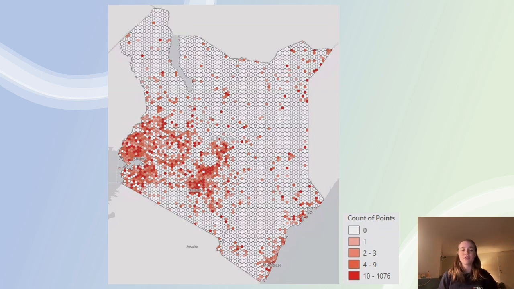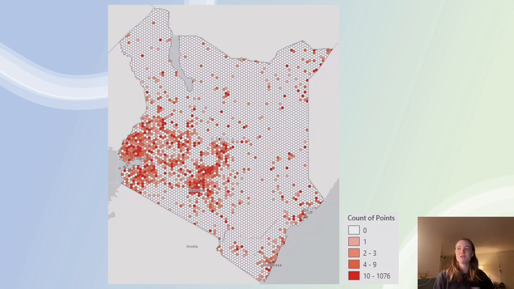And this is a quick example of what it looks like when you pull the output into Arc Pro. In this case, I used quantile classification, and so I'm sure that with more iteration, this map could be tweaked.